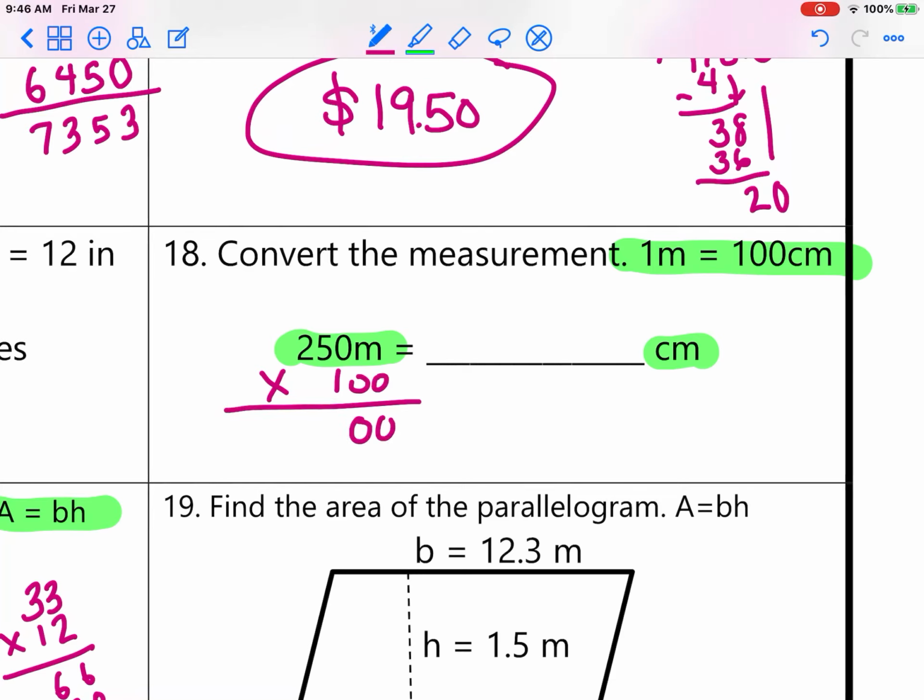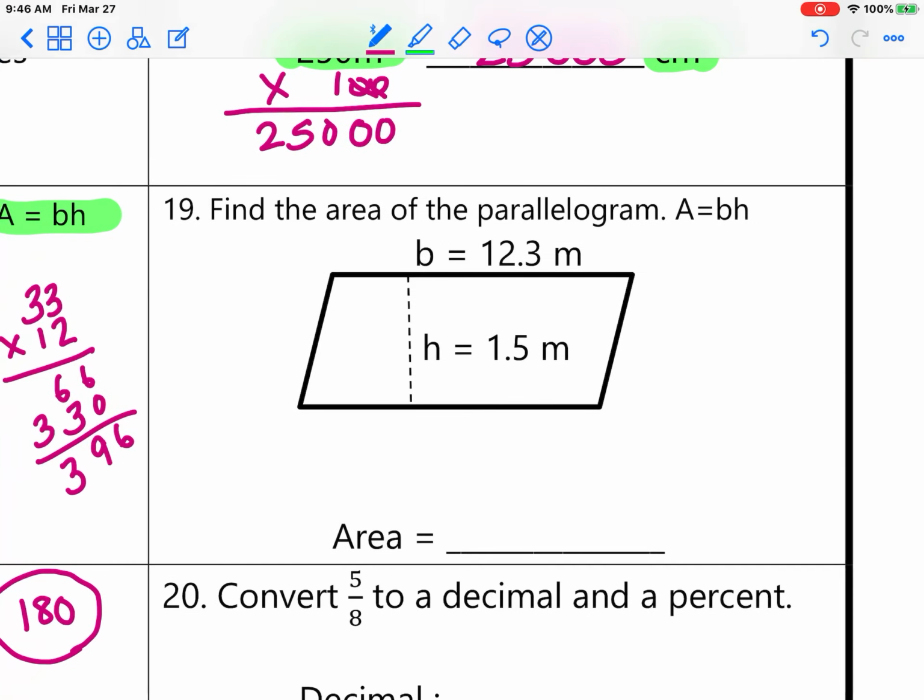Easy way to do that, when you have zeros on the end of your number, it's going to go on the end of your number at the end. So just go ahead and put those 2 zeros on the end and multiply. 1 times 0 is 0, 1 times 5 is 5, 1 times 2 is 2. 250 meters equals 25,000 centimeters. You don't need to put the measurements in your answer on your form.